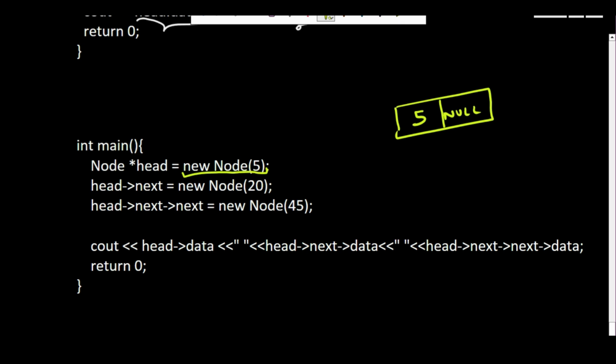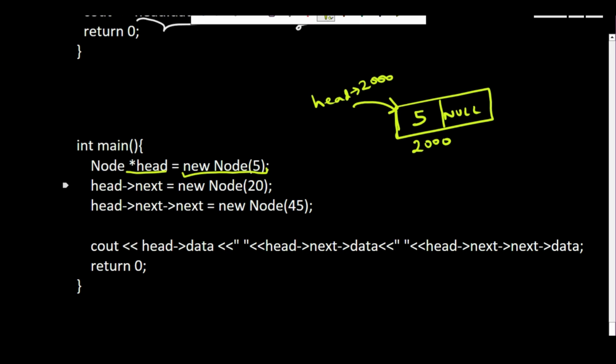Now we are making a pointer of type head. So this is a separate variable and the pointer is pointing to the node. So head will store the base address of this. Suppose this base address is 2000. So head will simply store 2000. In head we now only have 2000, the base address of the node.